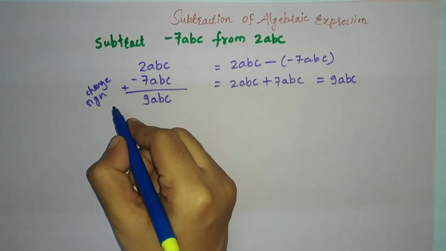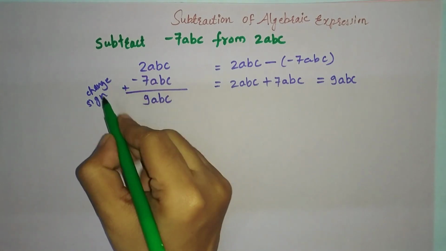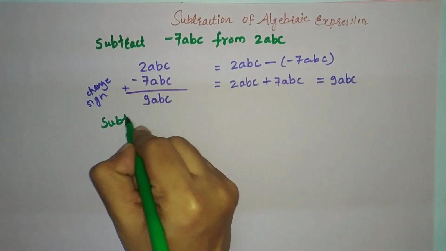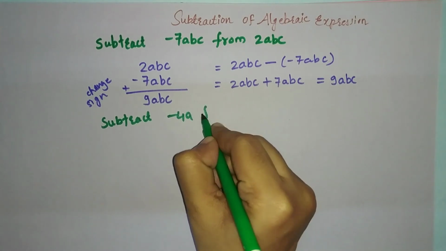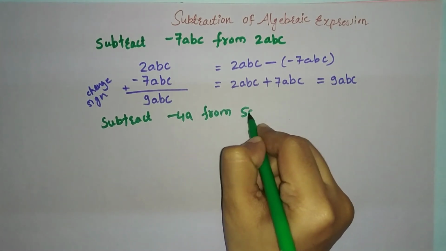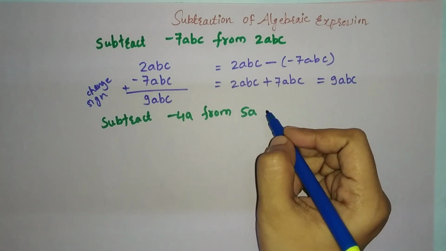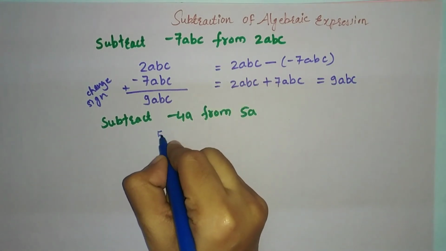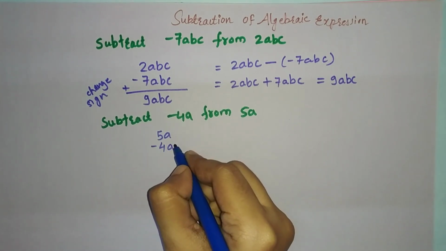For example, again we'll solve another question. Subtract minus 4a from 5a. So friends, here we need to subtract minus of 4a from 5a. So we'll write down 5a, and here again we'll write minus of 4a.